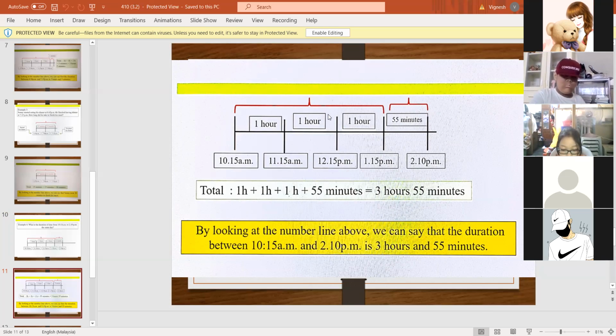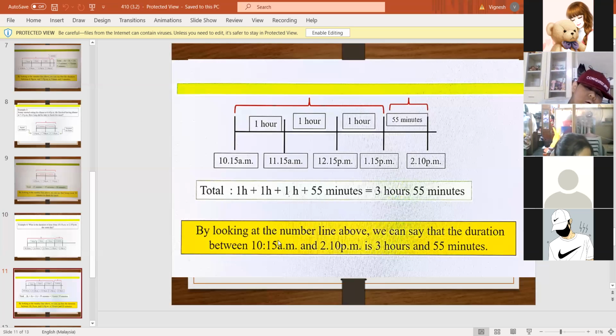So the total is 3 hours. But we still have time until 2:10. It didn't reach 2:15, but it stopped at 2:10. So 1:15 to 2:10 is 55 minutes, correct? 1 hour plus 1 hour plus 1 hour plus 55 minutes equals 3 hours 55 minutes.